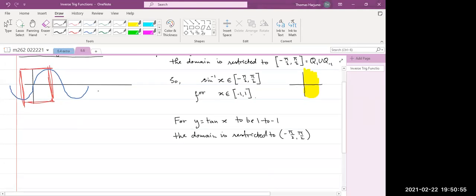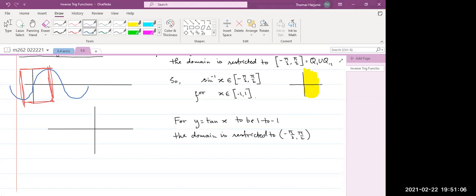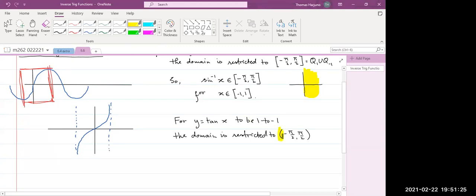The graph for tangent, again, because it's a trigonometric function, is not one-to-one. However, to restrict that to a one-to-one situation, we use from negative pi over 2 to pi over 2, not including the endpoints, because right at negative pi over 2 is an asymptote, and right at pi over 2 is also an asymptote. That's why we don't include the endpoints here.